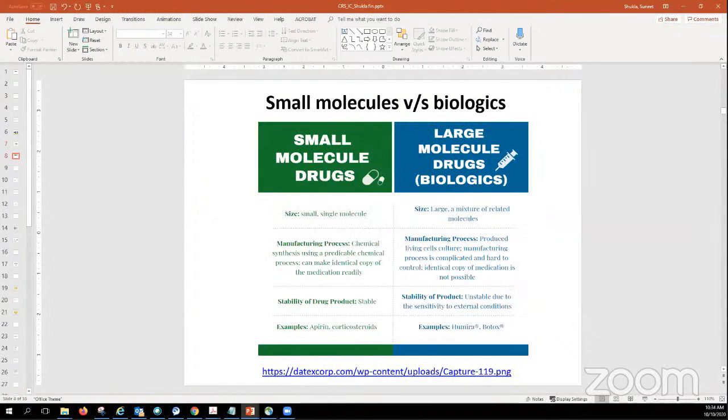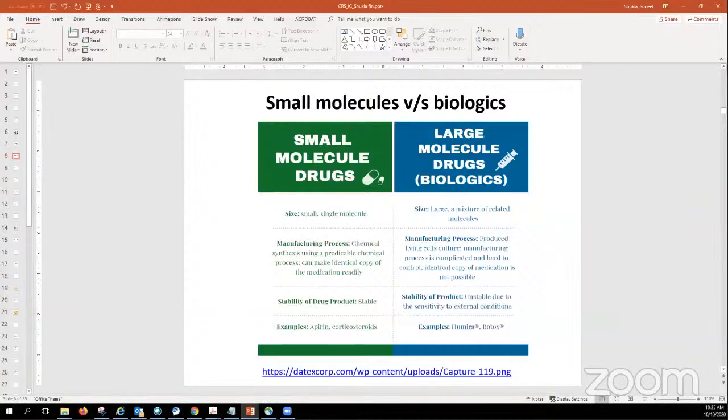And also in terms of the differences, as Dr. Jising mentioned about the generic industry, which is already very established, it is focused on the small molecule drugs. As I mentioned in the previous slide, the size is a big difference.